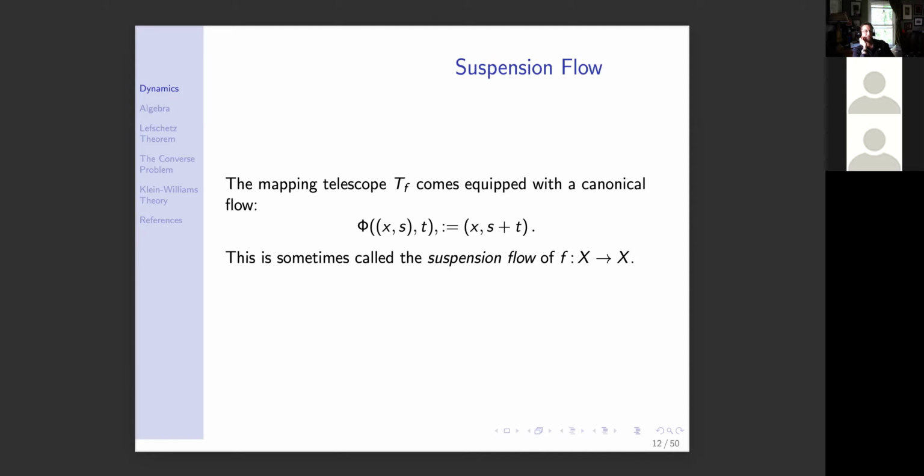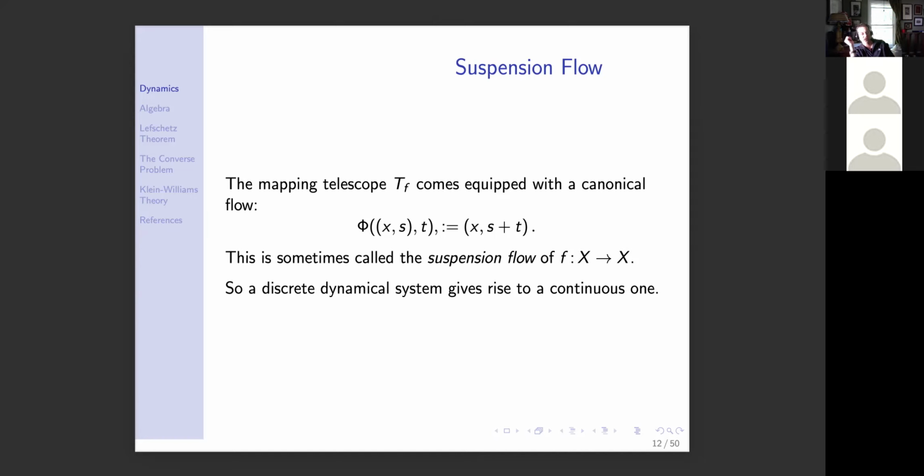So we evaluate the flow at that point by saying it's (x, s plus t). This is sometimes called the suspension flow. So it relates discrete dynamics to continuous dynamics. We're never going to use this in the talk. This is just motivation. So in the end, a discrete dynamical system gives rise to a continuous one.